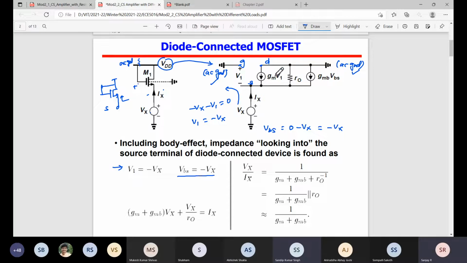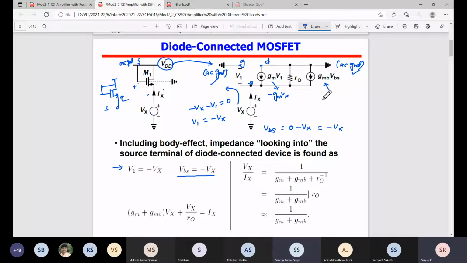Now I know V1, I know VBS. So how can I replace this circuit? Use gm V1, which will become gm in terms of Vx, so minus gm into Vx. That should not give any confusion here. What about VBS?